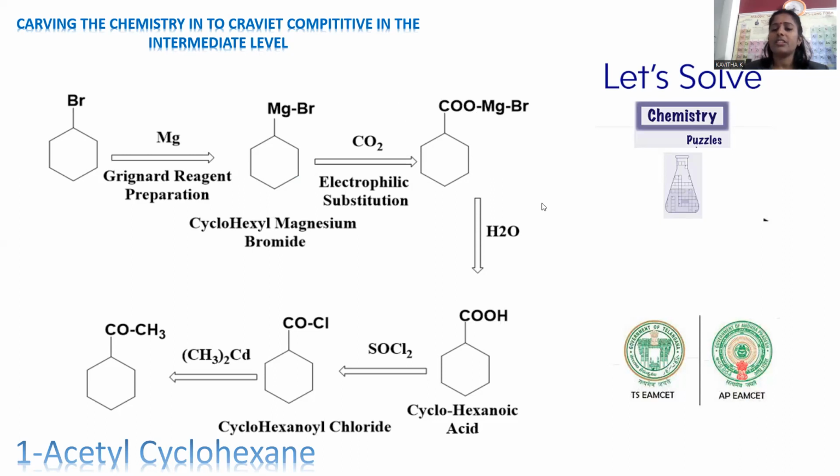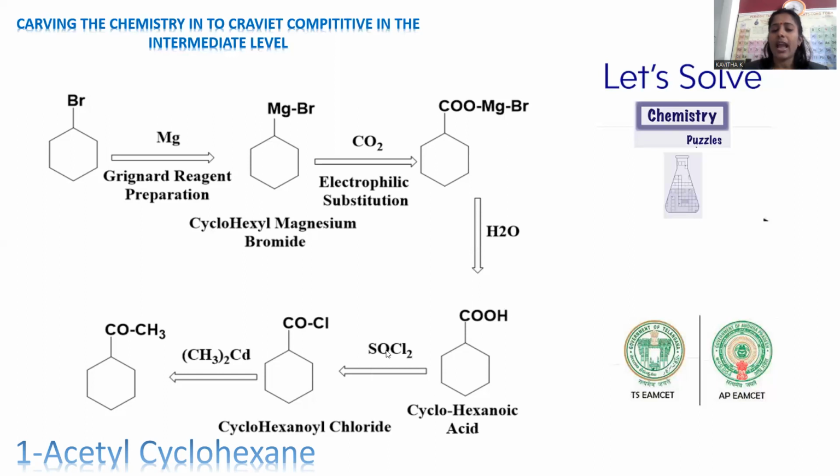This magnesium ester is further treated with water. So water for hydrolysis. Hydrolysis means addition of water to cleave the bonds. The ester bond will be cleaved. Hydrogen is added to COO and OH is added to magnesium bromide, so that it will be converted into BrOH and magnesium, and you will get cyclohexanoic acid.